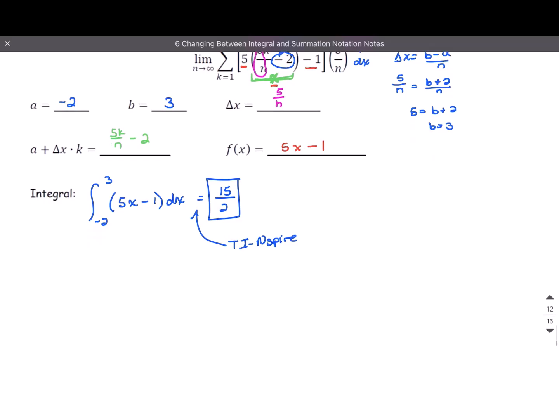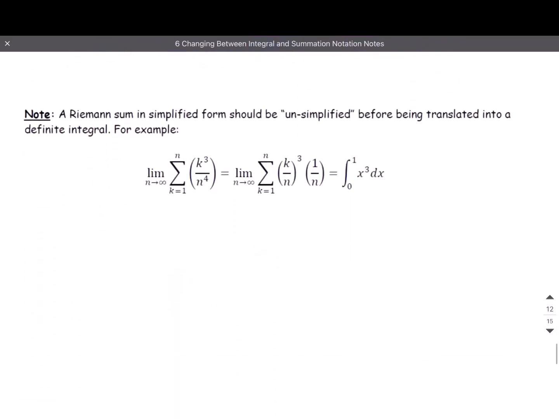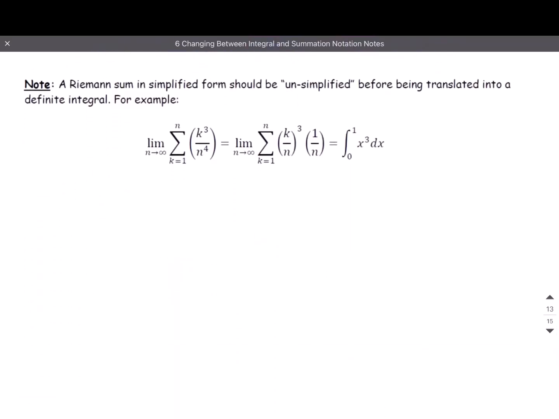Now, just something I want to point out here is that sometimes a Riemann sum in simplified form needs to be unsimplified before being able to translate it to an integral. For instance, if you look at this, k cubed over n to the 4th, I don't see my delta x, but I have this k cubed and n to the 4th.